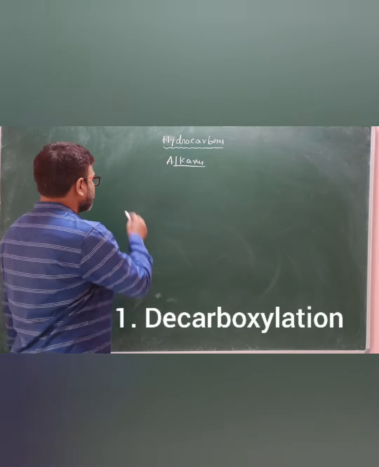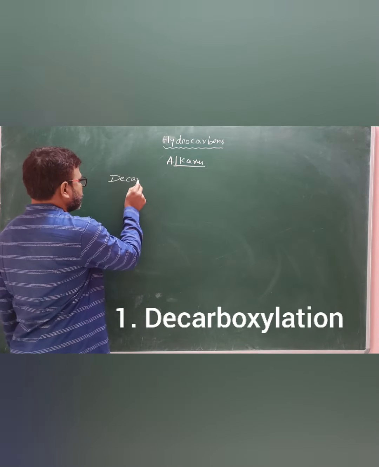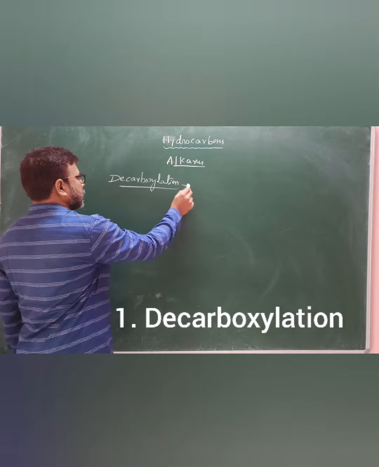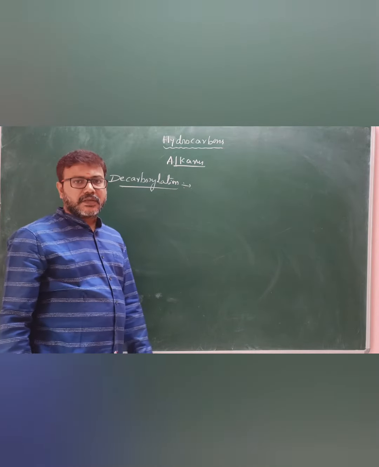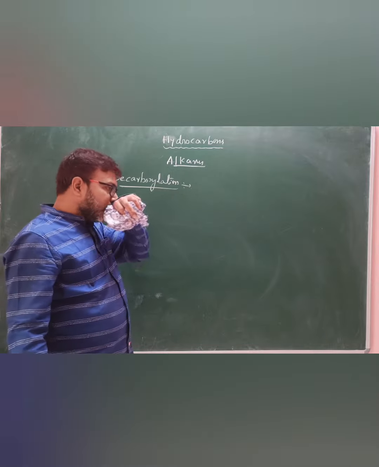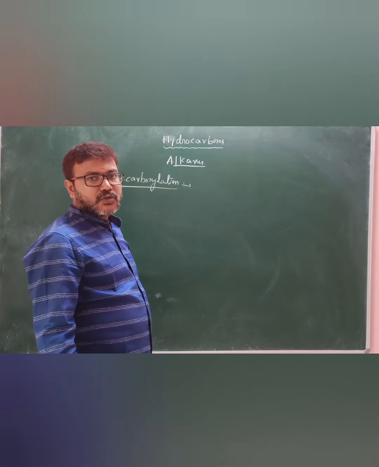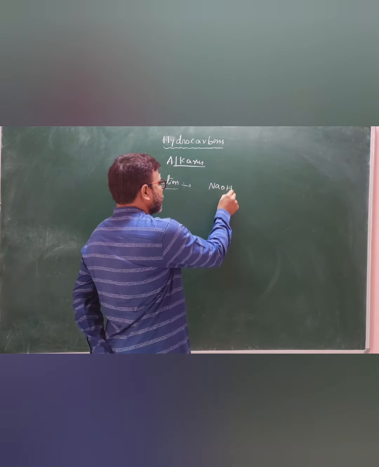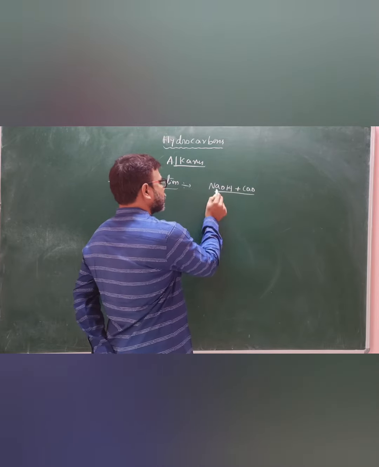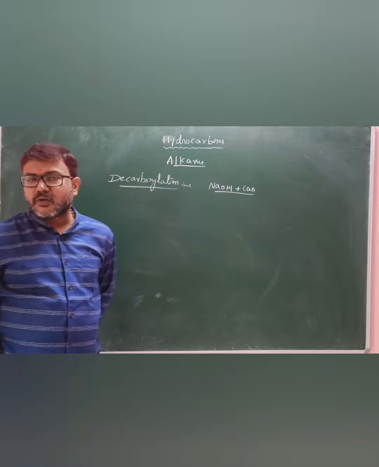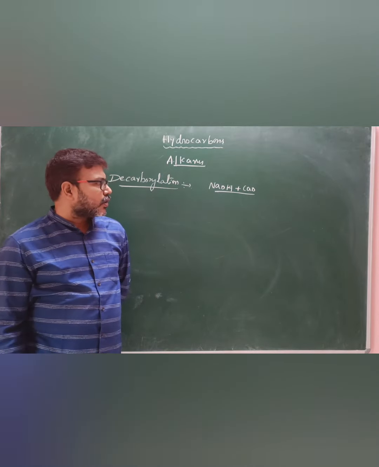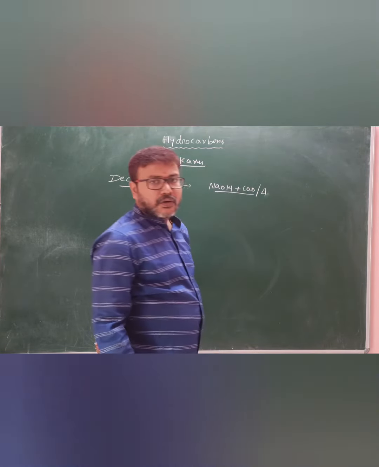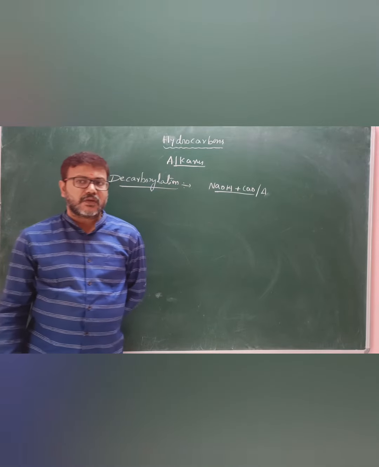The first one we discuss is decarboxylation. Generally, decarboxylation means carboxylic acids undergo decarboxylation in presence of soda lime, which is a mixture of NaOH plus CaO, and temperature, to give alkane.